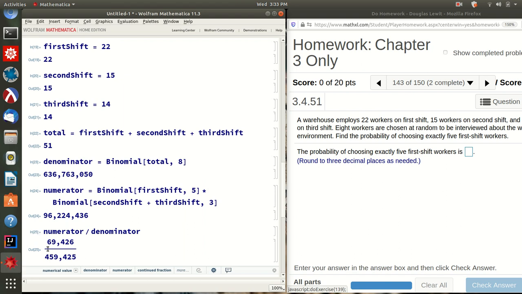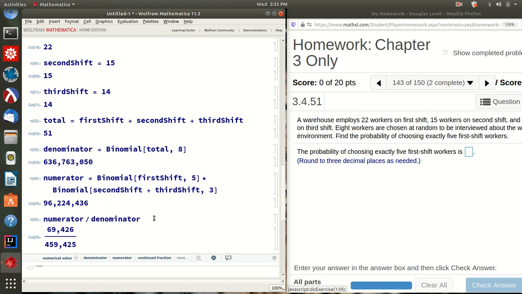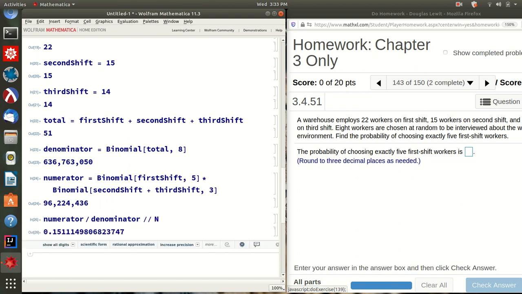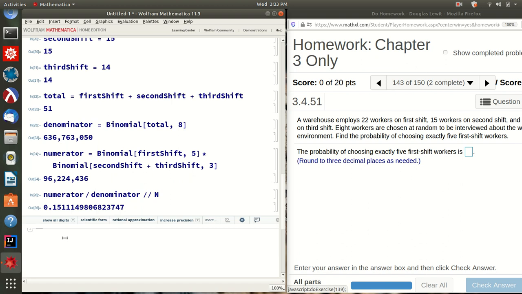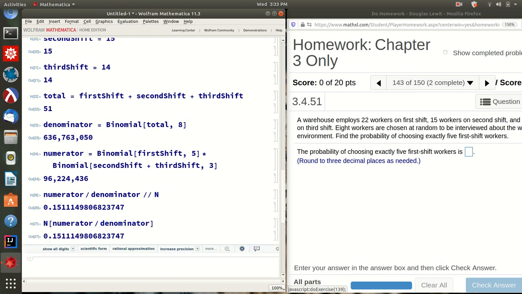Okay, so Mathematica is showing us a rational expression. We want this to be a floating point value. So to change it into a floating point value, I apply the N function, and this is how I can do it. I could also do N and then use the square brackets, numerator divided by the denominator, and that's my answer again.